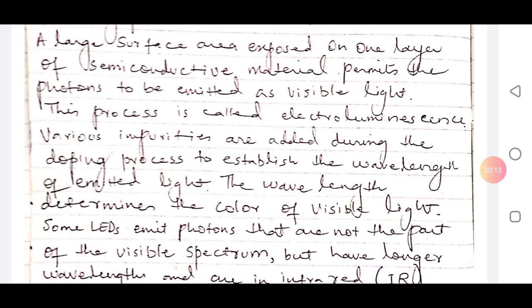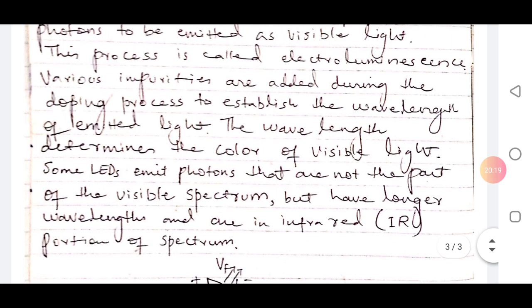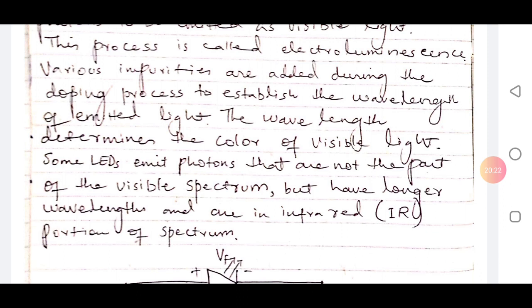Let's move on. Some LEDs emit photons that are not part of the visible spectrum but have longer wavelengths and are in the infrared (IR) portion of the spectrum. This is a very important point. Some LEDs emit light which is not visible, that is, invisible.